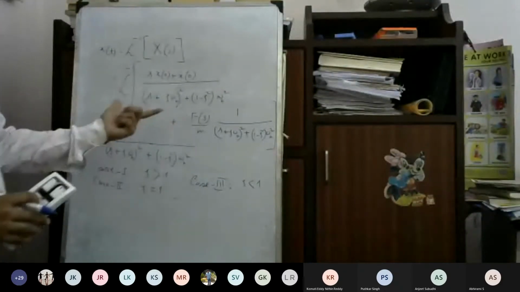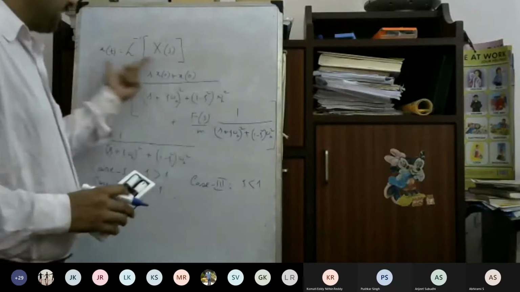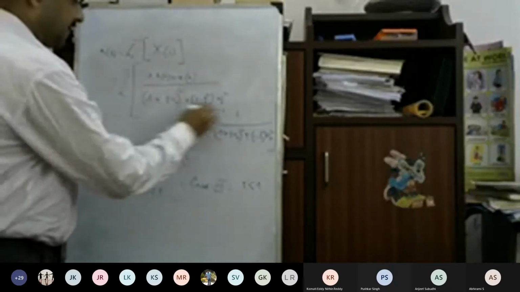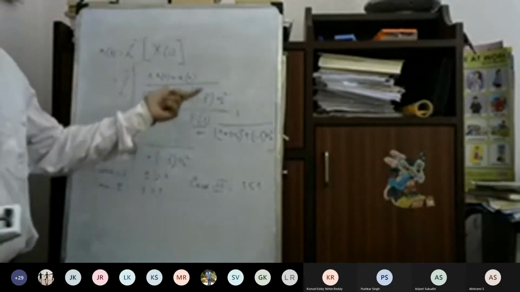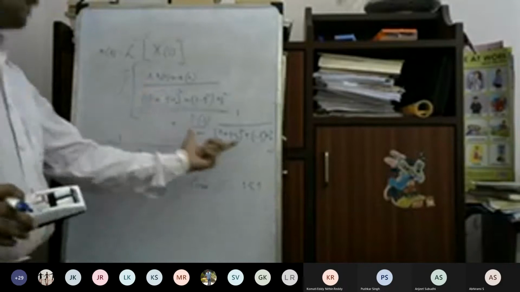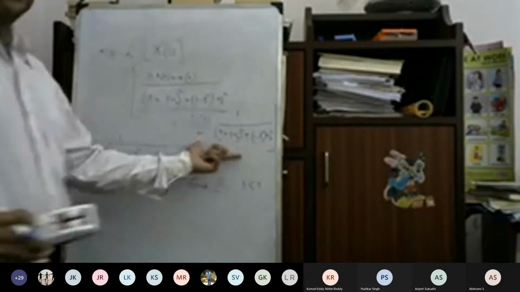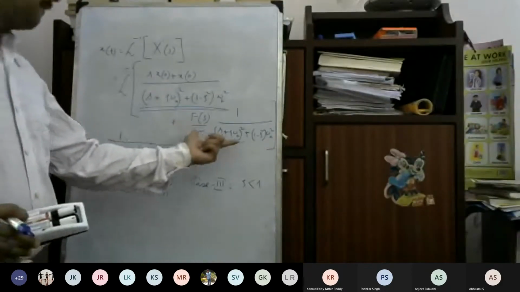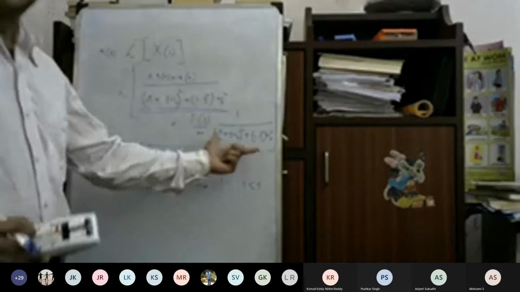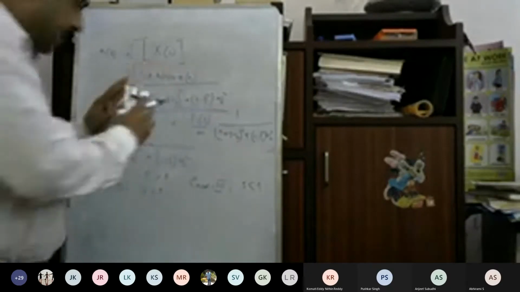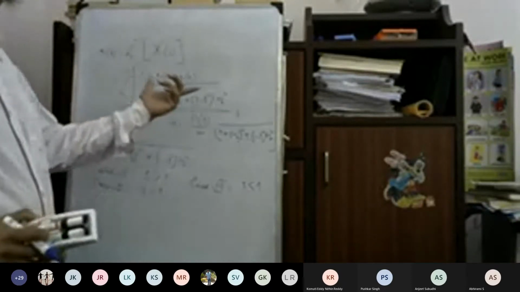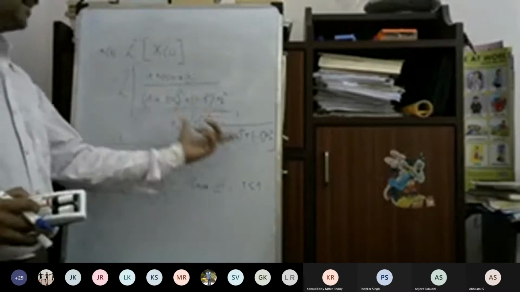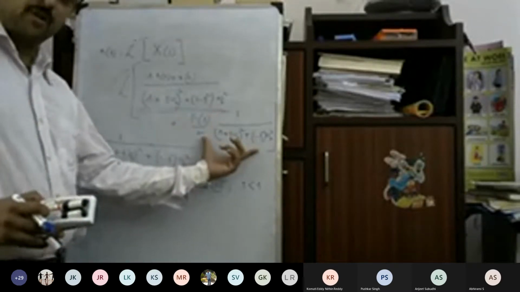You see, this part is the response with no forcing, and the other part of this response is the response of the system with forcing only and zero initial condition. So again, just like all linear systems, we have a clear-cut separation of the response into two parts: the zero-force response and the zero-initial-condition response due to only the force.